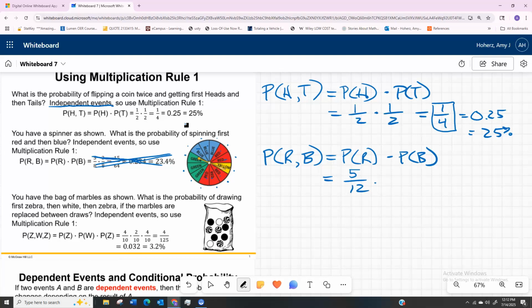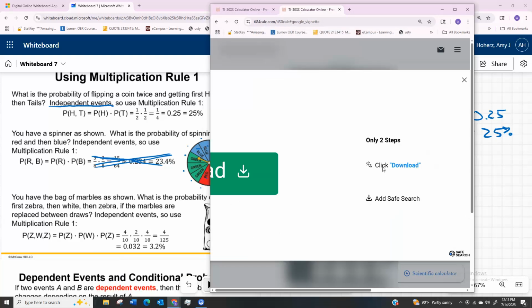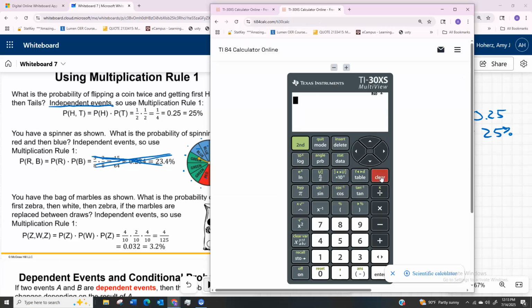There's only 3 blue sections out of the 12, so 3 out of 12. So we're going to multiply those. Again, we're going to let the calculator do the bulk of the work for us. We could multiply that, we could cancel, reduce the fraction and all of that, but not really that important for what we're working on. We can just do this on the calculator.